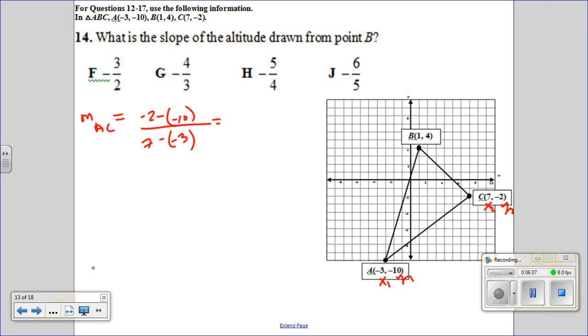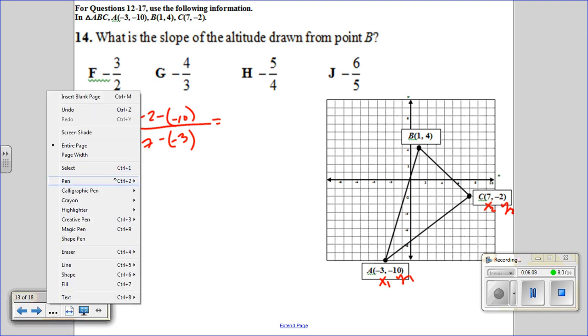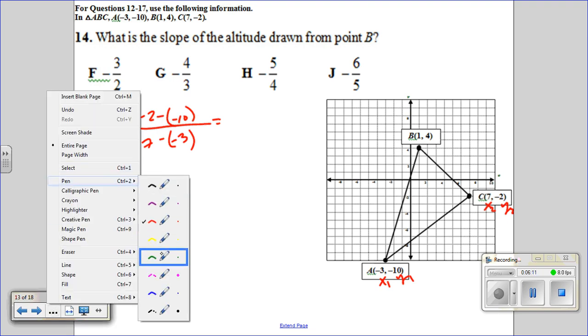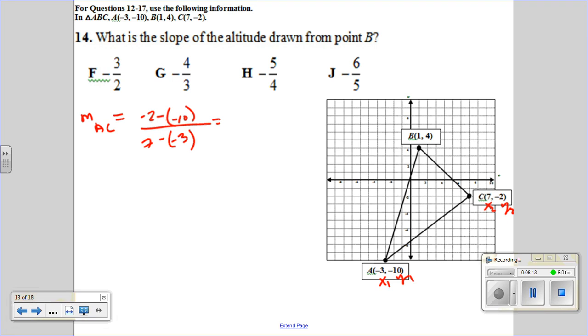Double negative, so again, this turns into a positive. So that's positive 10, negative 2, so that's a positive 8. Double negatives, so that turns into a positive 10. Reduce 8 over 10 to 4/5. So again, that's the slope of AC.